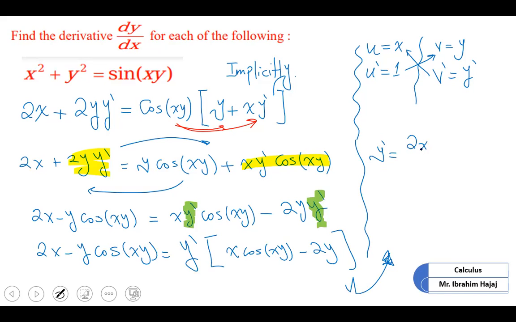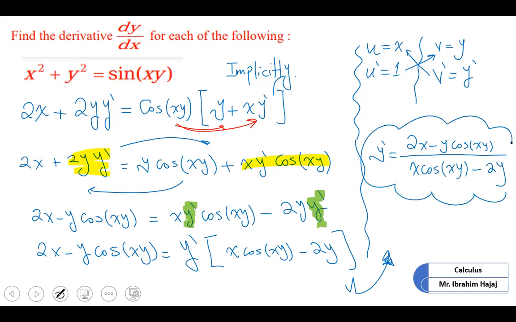So the final answer is 2x minus y cosine xy, over x cosine xy minus 2y, and this is your final answer. Leave it like this, it's correct, or pick your correct choice. No more simplification. Next question.